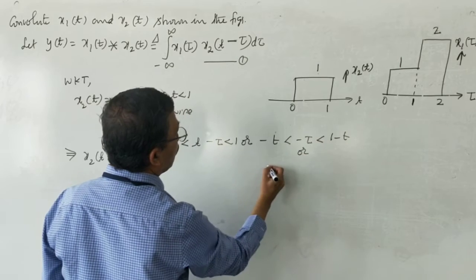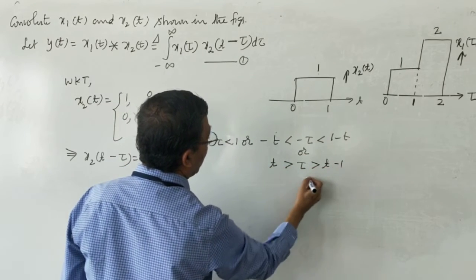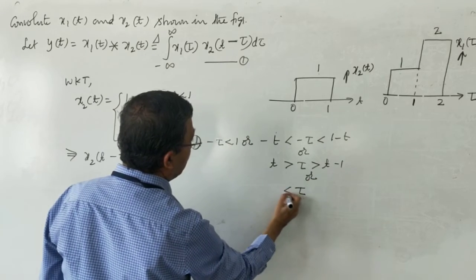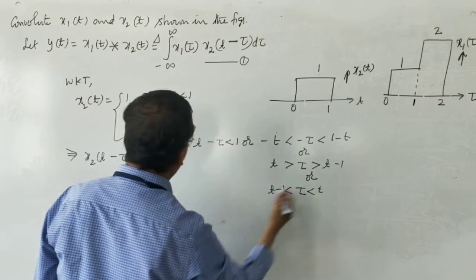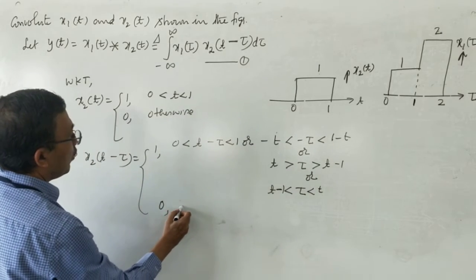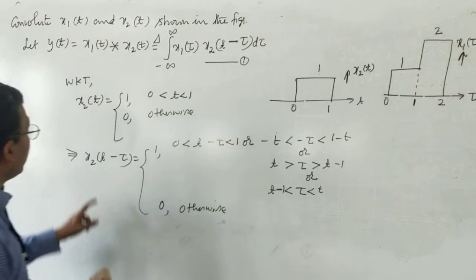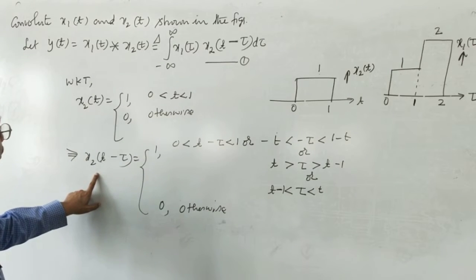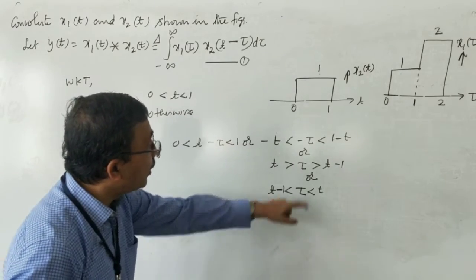Multiply throughout with minus 1. You get t greater than tau greater than t minus 1, or tau lies between t minus 1 and t, like we did in the previous problem, 0 otherwise. That means x2 of t minus tau is a rectangular pulse of amplitude equal to 1 that starts at t minus 1 and ends at t.